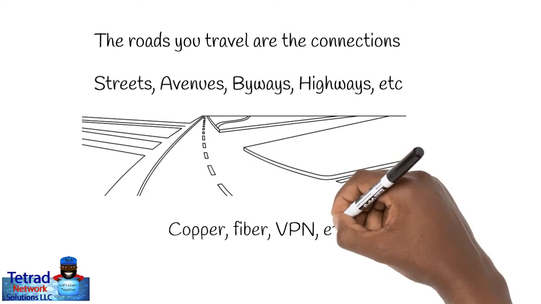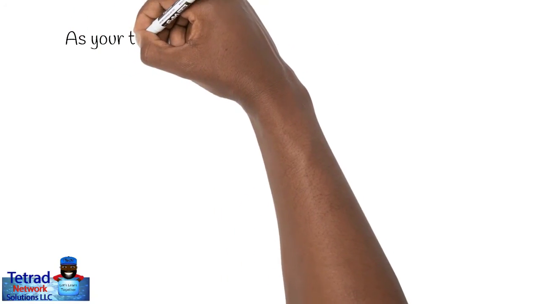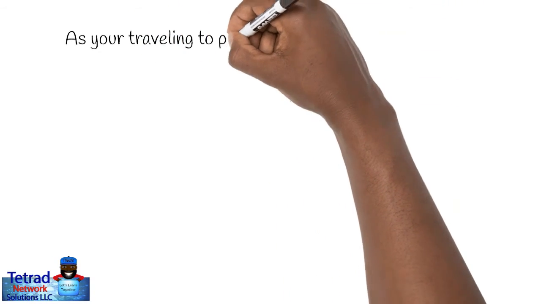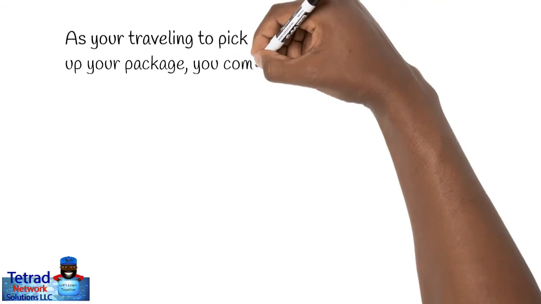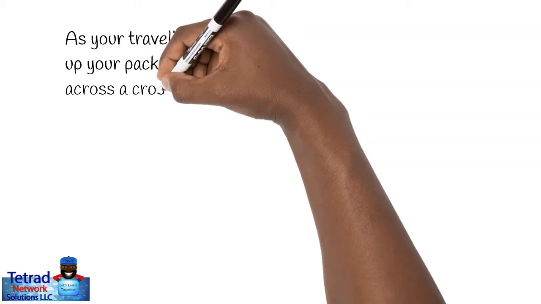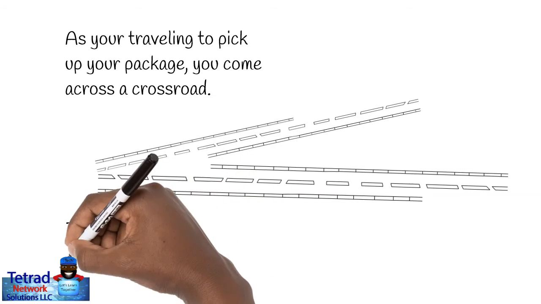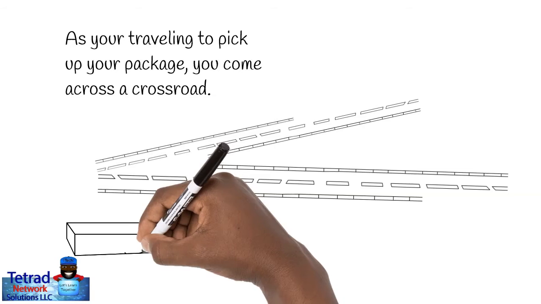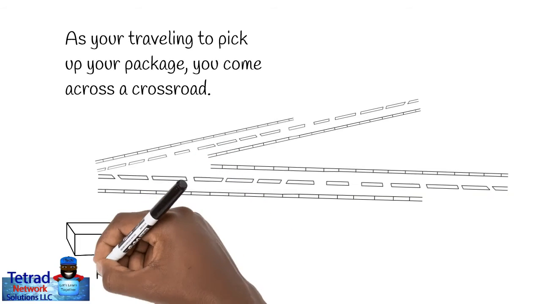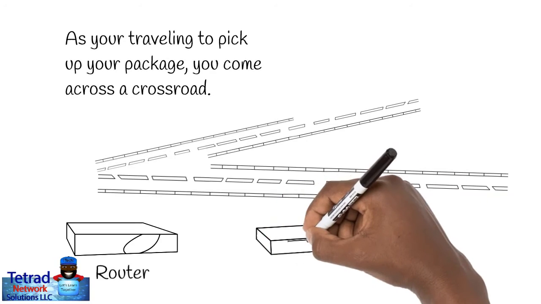These are examples of copper, fiber, and VPN type connections that you have between a node at point A and point B. As you're traveling to pick up your package, you come across crossroads. What those represent in the networking world are routers and switches, because those help you figure out the fastest way to get from point A to point B.